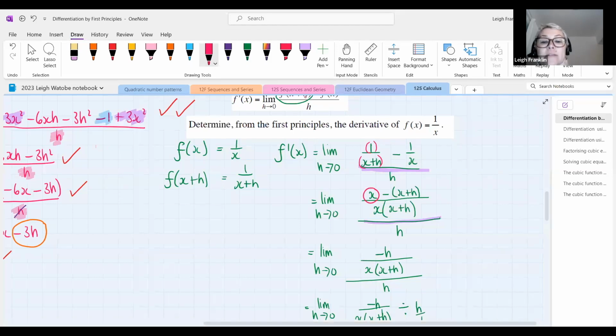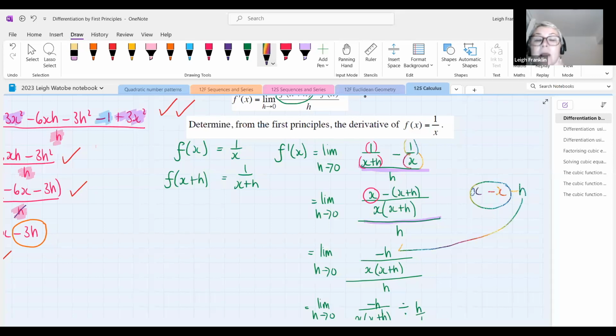That's why you've got that x there. And then here I've got to times this by x plus h, so I must times that by x plus h. Okay, and then when your brackets go away up at the top here, you're going to end up with x minus h. So that becomes 0, and that's why you've only got that minus h left over there.